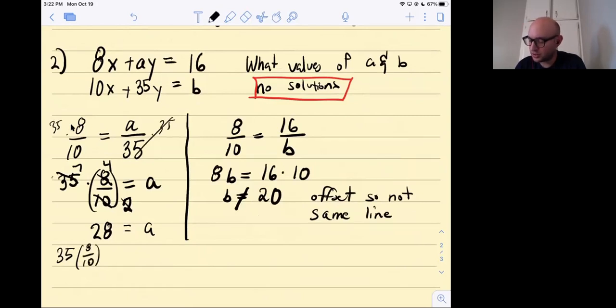You can also cancel the 10, you do 3.5 times 8. And 3.5 times 8 is going to be 28, because it's 3 times 8 plus half of an 8, which is going to be 24 plus 4. So that's another way you can do it. The way I did it is I just canceled a bunch of stuff that I could.